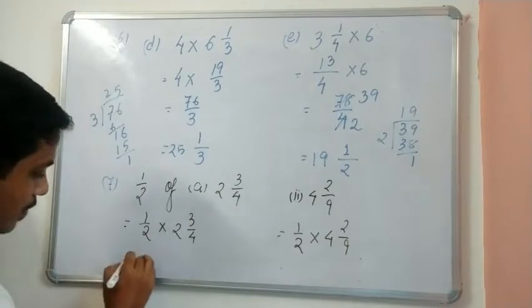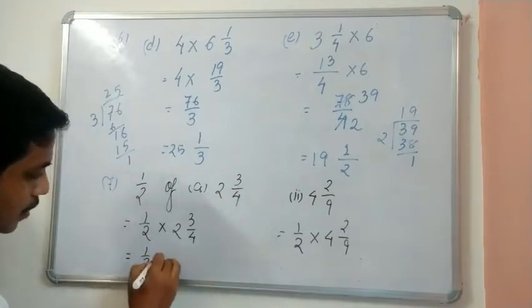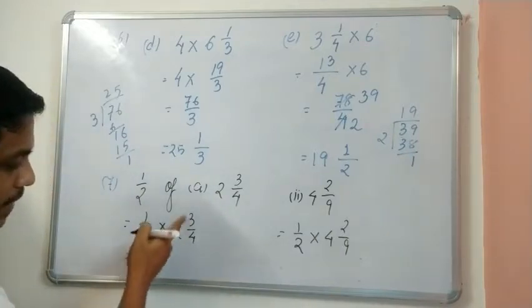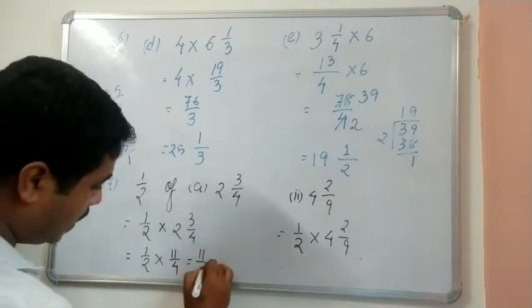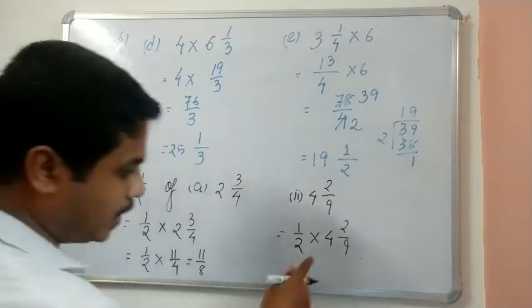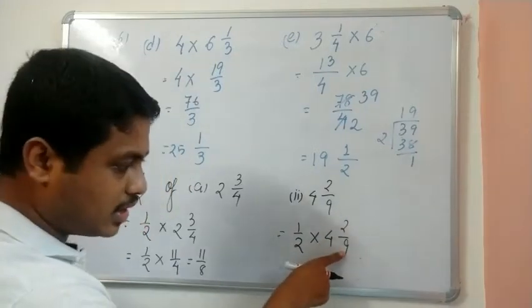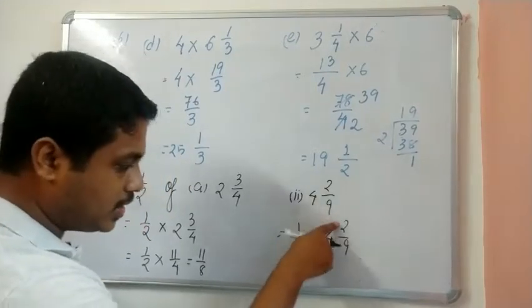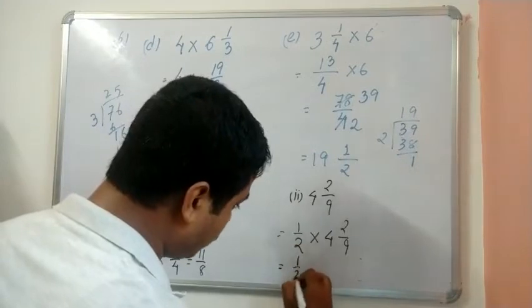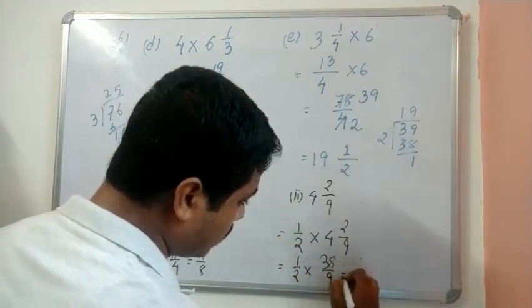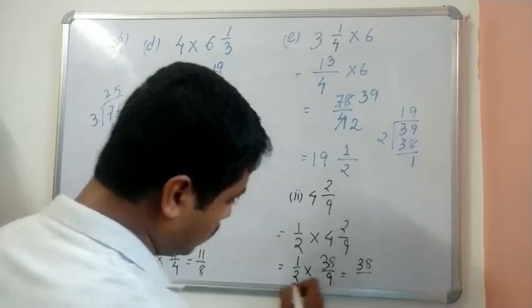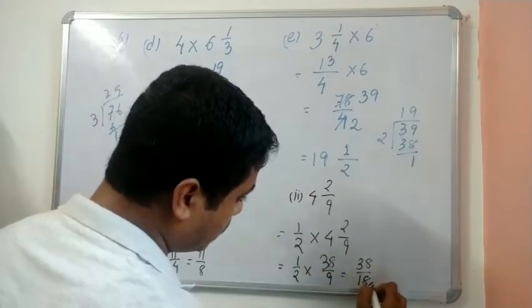First convert into an improper fraction: half into 2 4s are 8, 8 plus 3 is 11 by 4, so it will be 11 by 8. In the same way, 4 9s are 36, 36 plus 2 is 38, so it will be half into 38 by 9, which is 38 by 18.